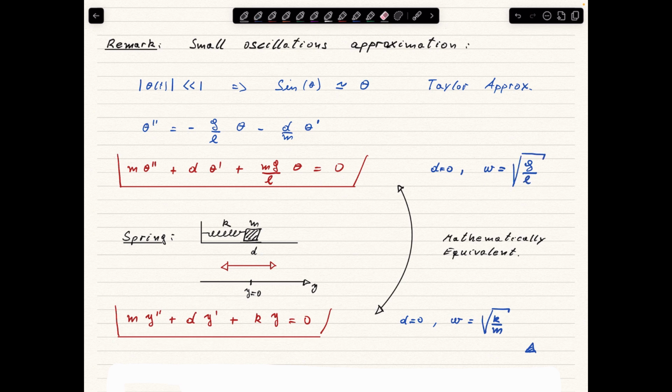So what we see here is the larger the length of the pendulum L, the smaller the frequency of oscillation, which you can try at home, or you have seen in many cases.